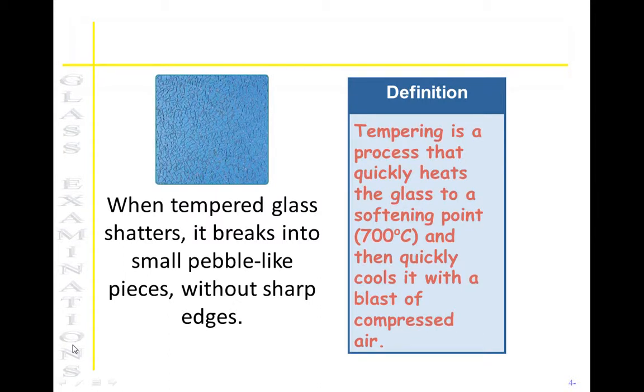This actually imparts a particular strain to the glass so that when it does break or shatter, it's going to be in very small pebble-like pieces that aren't going to have any sharp edges. This glass is used for safety glass in sliding glass doors, shower doors, and a lot of the various windows in vehicles.